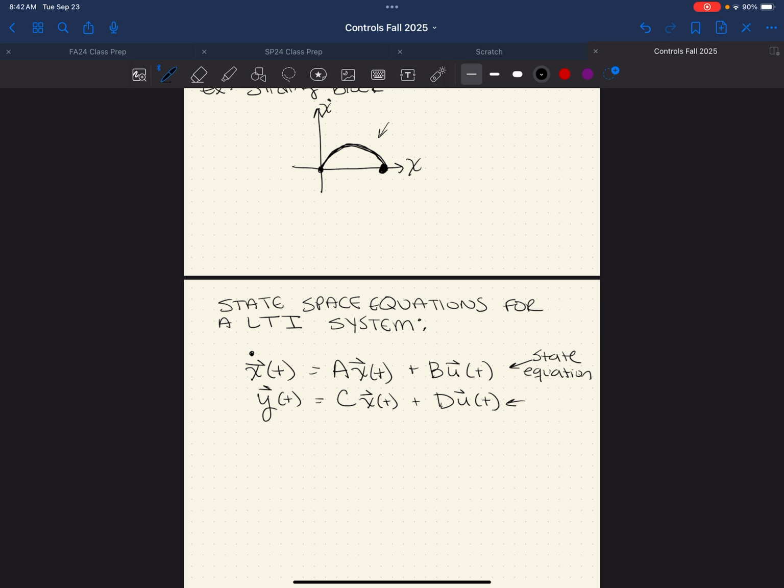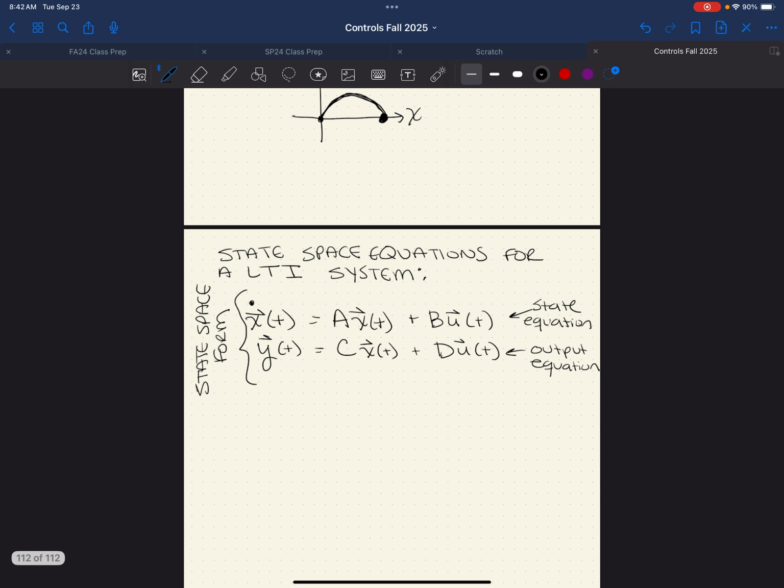And this second we call the output equation. Together, these two equations form what we call the state space form. Okay, so this reads x dot equals Ax plus Bu and y equals Cx plus Du.